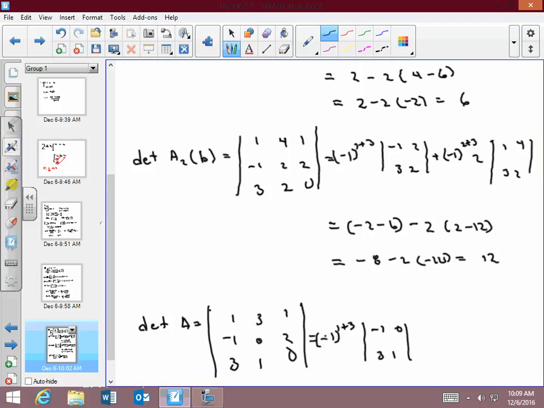And plus a minus 1, second row, third column, 2, cofactor, minus 1, 3, 3, 1.